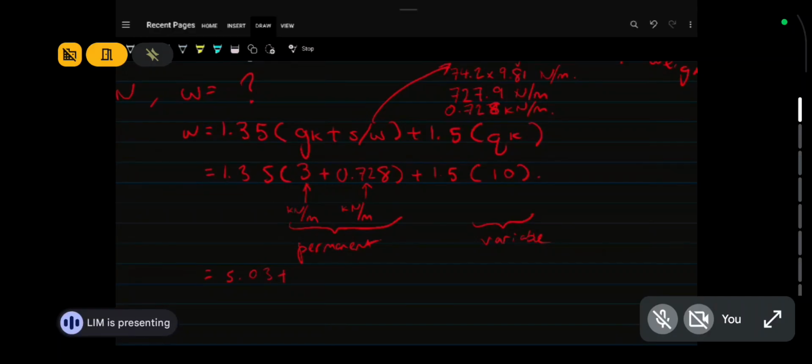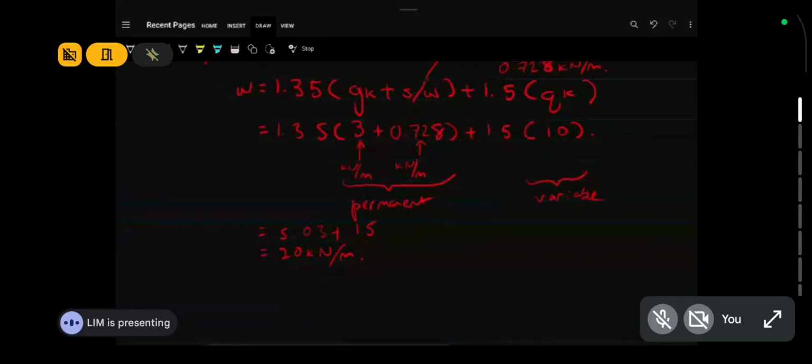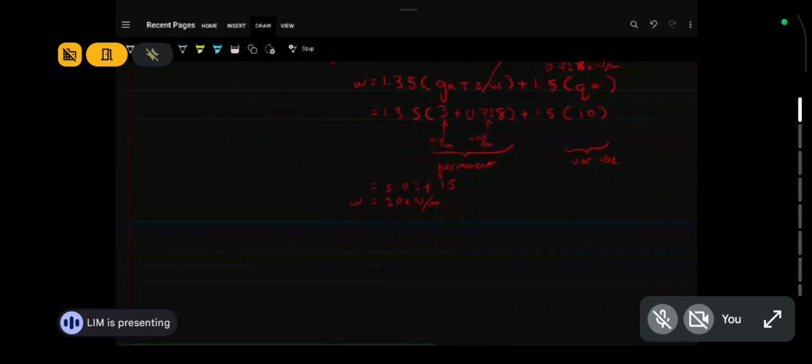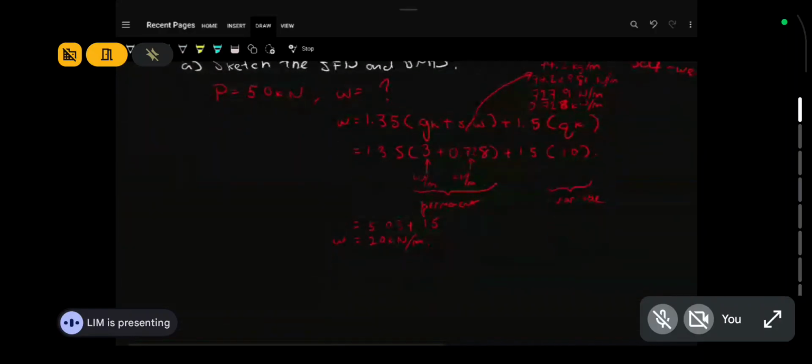The other side is 1.5 times 10 is 15. So the total is about 20. Yeah, we make it 20. Okay, 20. So the W is 20.